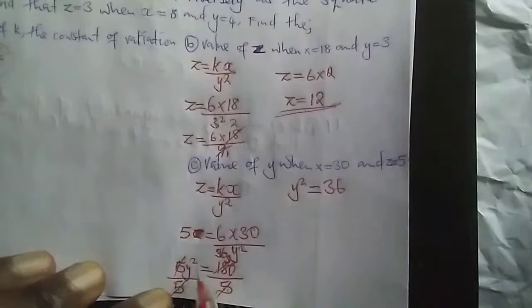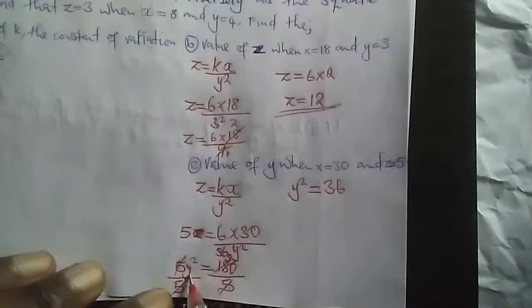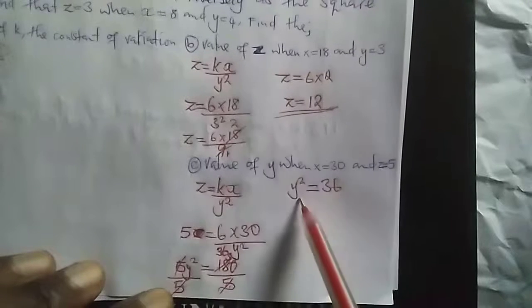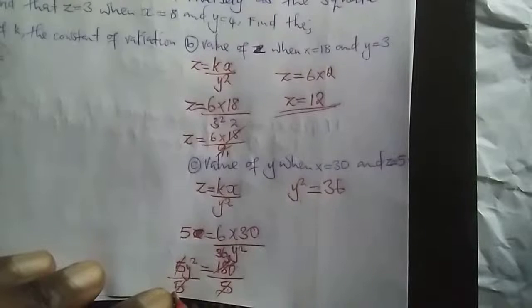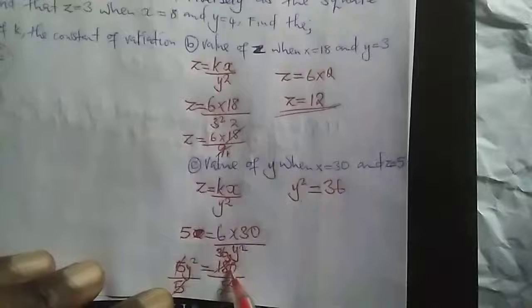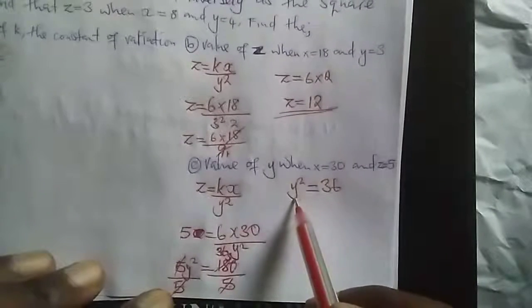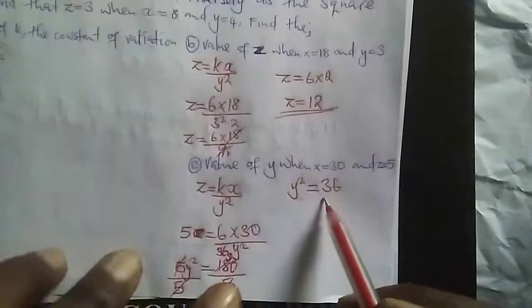The reason I did this is I wanted to remain with y squared, because I want to find the value of y. As you can see, 5 and this 5 cancelled each other, then 5 into 180 goes 36 times. So this is what I've now written here: y squared is equal to 36.